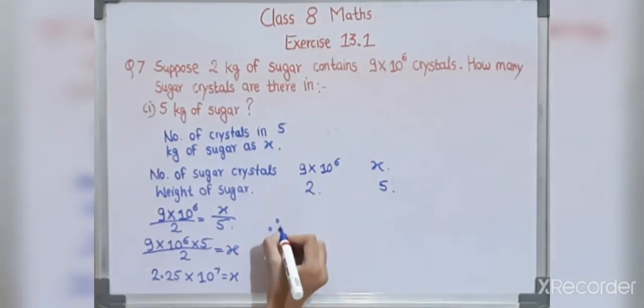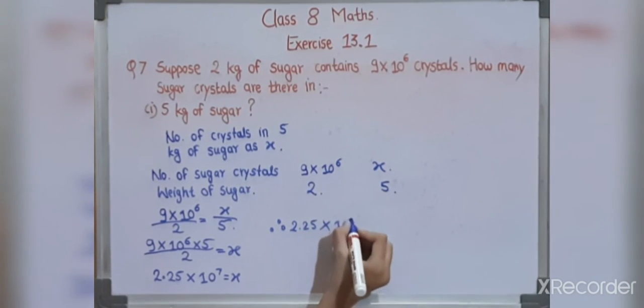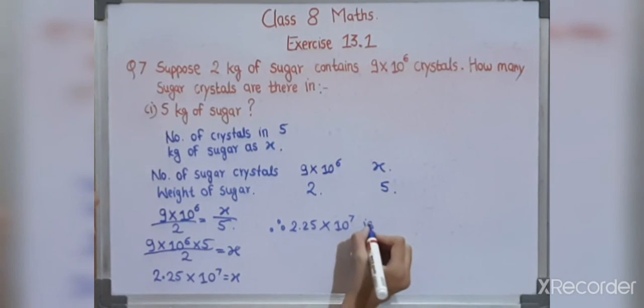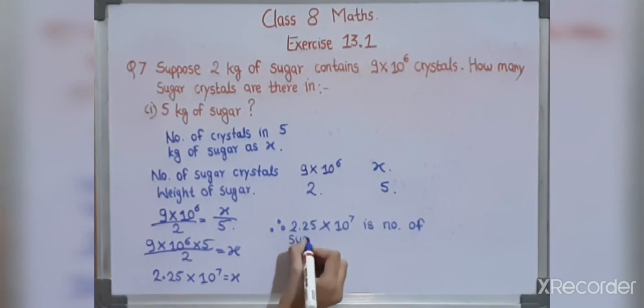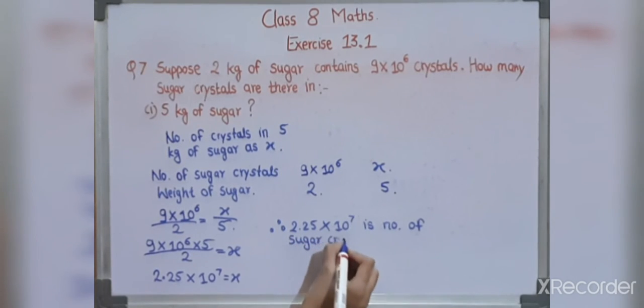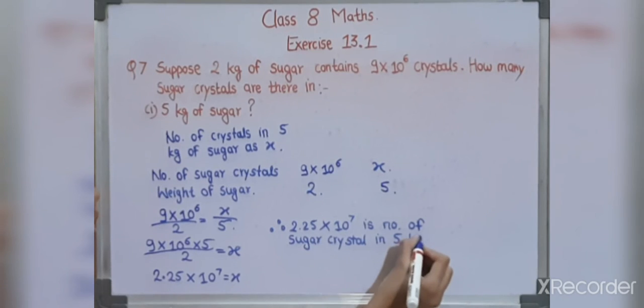So therefore 2.25 into 10 raised to power 7 is number of sugar crystals in 5 kg of sugar.